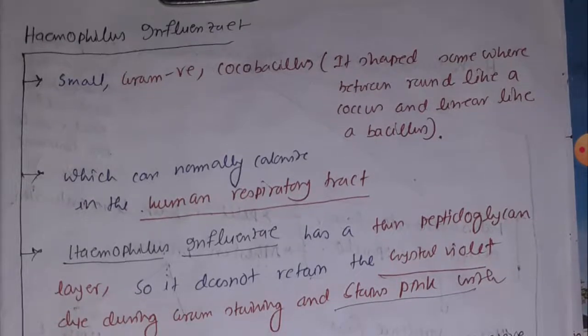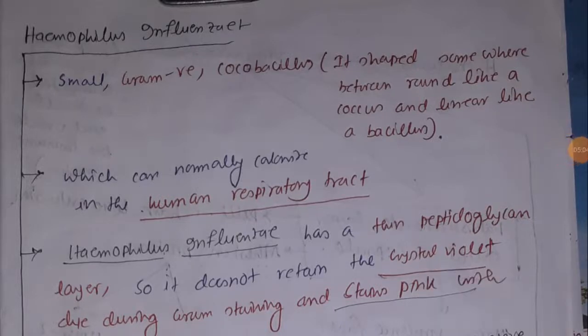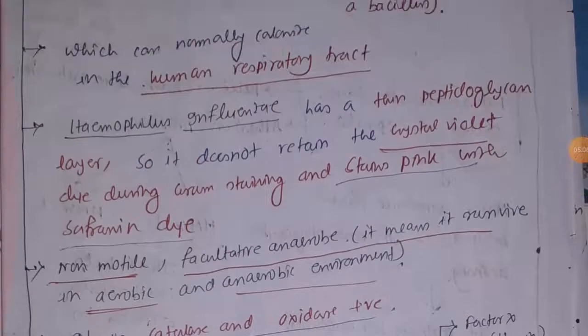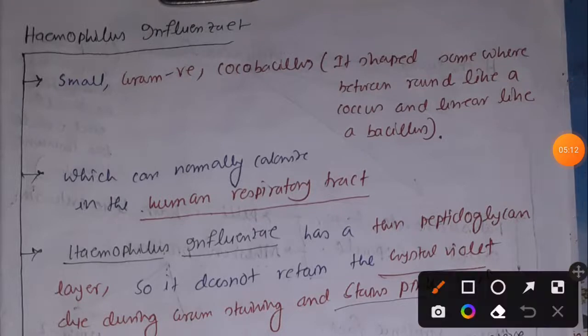It is non-motile and a facultative anaerobe, and it can easily colonize the respiratory tract, which means it will cause respiratory illness. We will discuss the symptoms in upcoming videos. It can grow on both blood agar and chocolate agar media, but in the case of blood agar, it also requires a Staphylococcus aureus colony for growth.